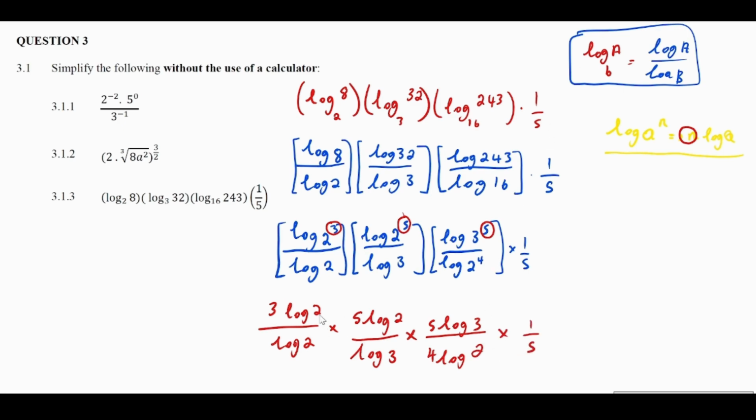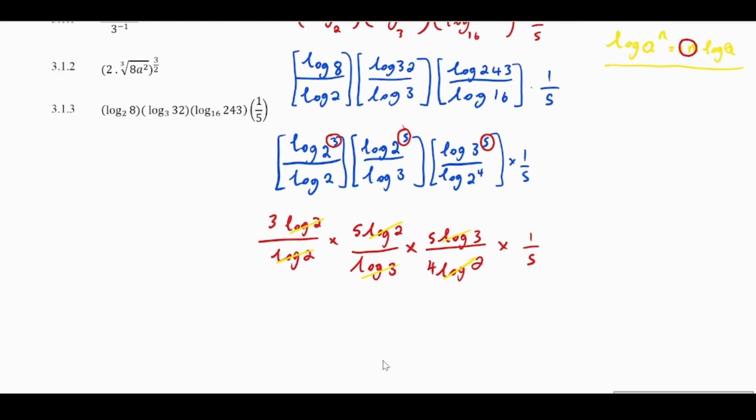Look what's going to happen. This log 2 and log 2 they're going to divide. Log 2 and log 2 they're going to divide. Log 3 and log 3 they are going to divide. So what will you be left with? This side you will be left with 3 multiplied by this part here, you'll be left with 5 multiplied by this part, you'll be left with 5 over 4, 5 divided by 4 multiplied by 1 over 5.